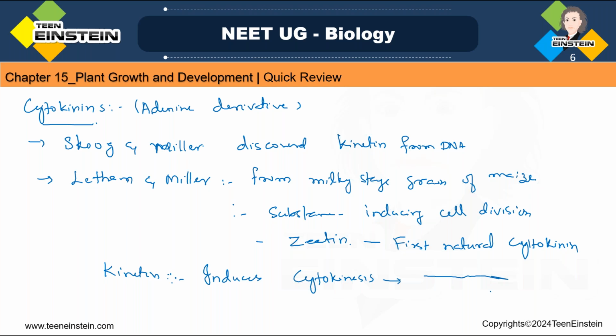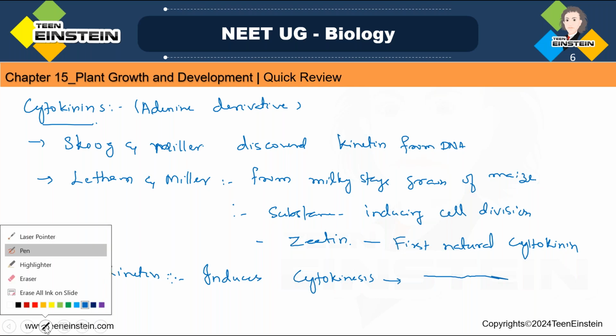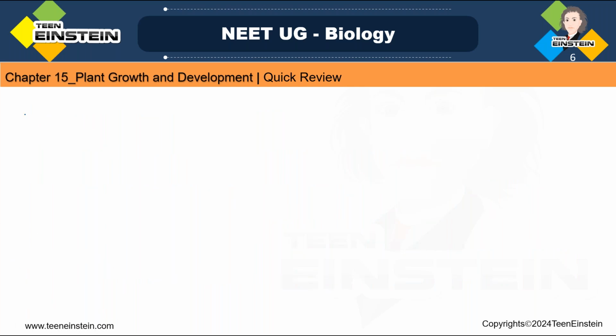Then the location and the physiological effects of cytokinin we need to learn. Cytokinin is located at the root apical meristem and in immature fruits.